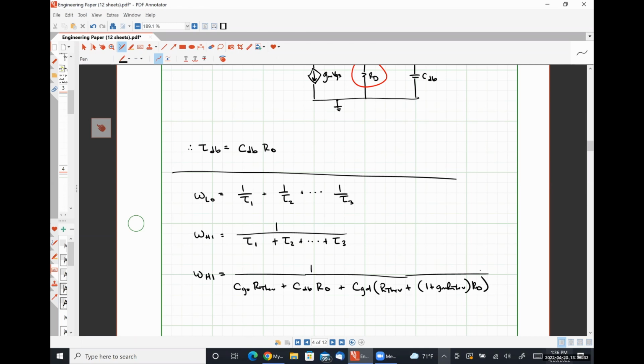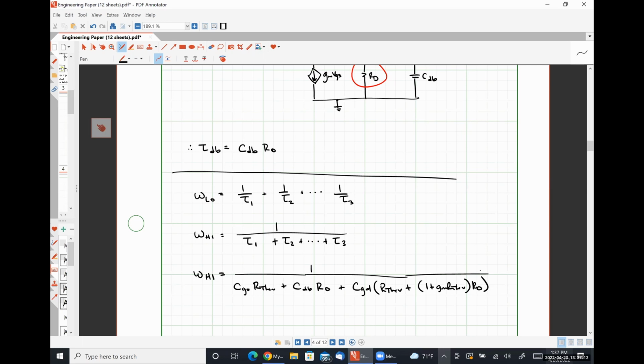Again, this does not give us any information whatsoever about the actual high frequency response of our amplifier circuit. It is treating it as if we have a dominant pole so that we have a simple first order response beyond this pole frequency. So all it's good at doing is estimating where the midband ends, not telling us anything about the behavior beyond the midband. So this is just a quick and dirty way.